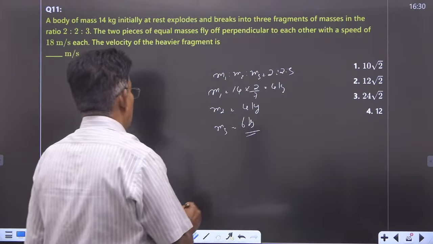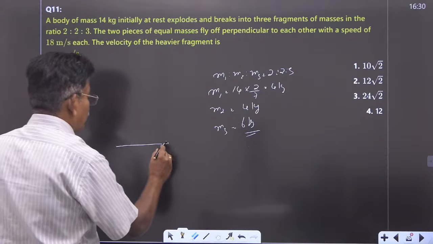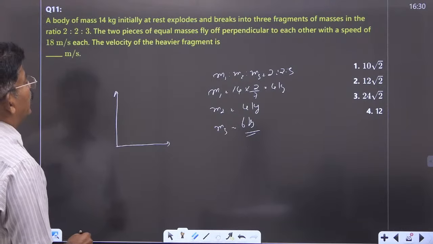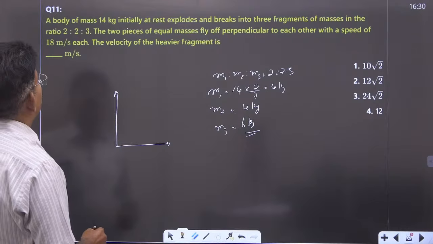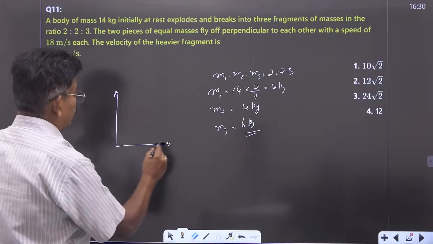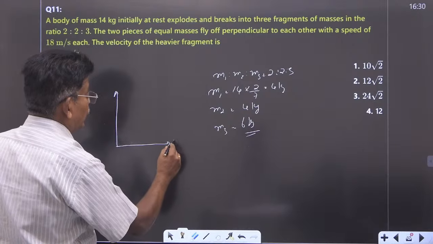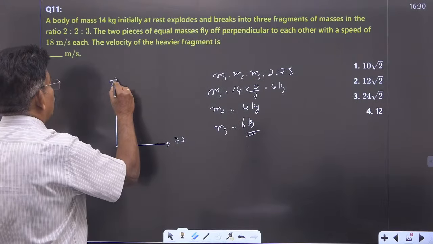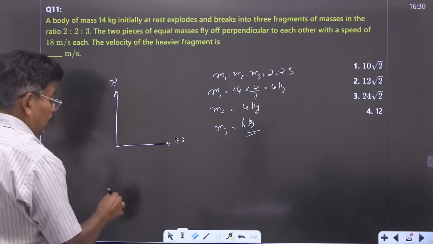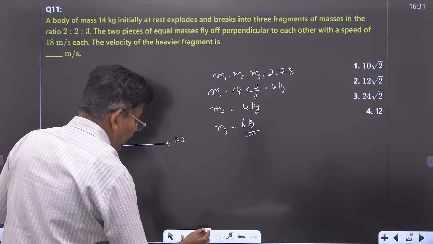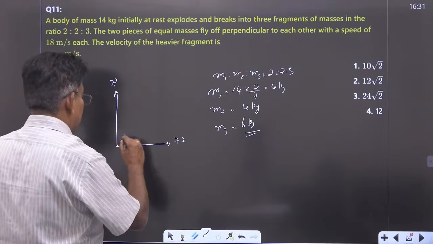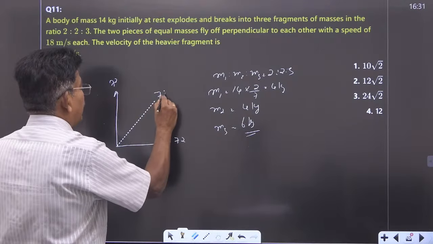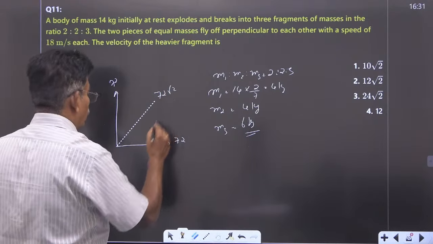We got it. Now tell me, these equal masses will move in mutually perpendicular directions with what speeds? The speed is 18 meter per second. So its momentum will be 18 into 4, 72. This also is 72 Newton second. Then its resultant will be along the angle bisector. How much will it be? It is coming to be 72 into root 2.